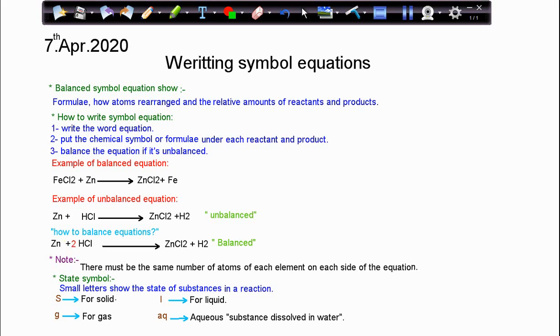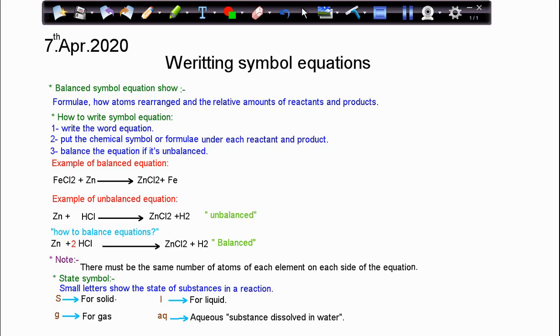So the formula of the reactants and the products, and it shows us how the atoms are rearranged inside the chemical reaction, whether it is a displacement reaction or another kind of reaction. It also shows us the relative amount of reactants and products.